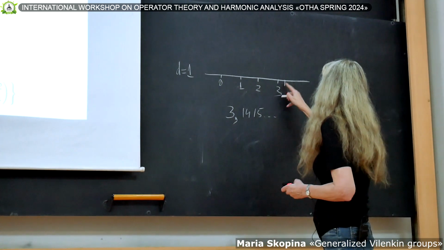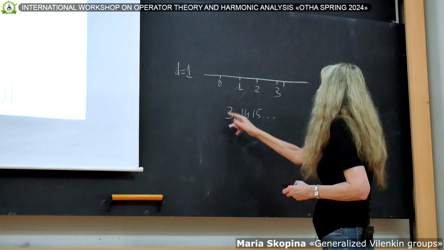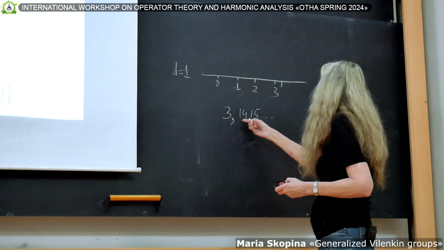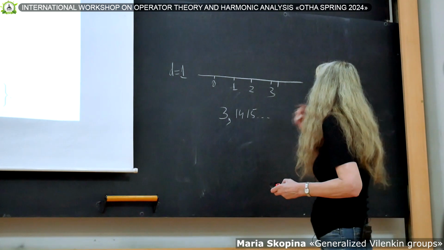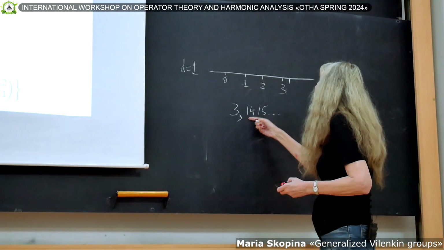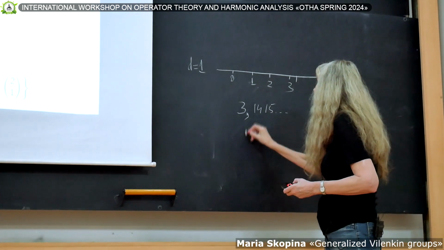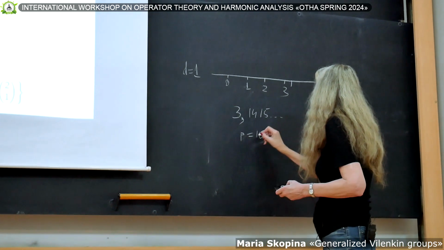So this point is written in this way, and we see that this is very close to the Vilenkin group. The classical Vilenkin group may be taken for p equal to 10.